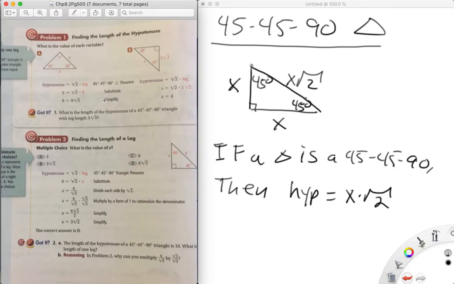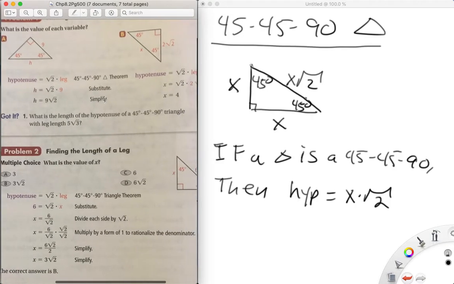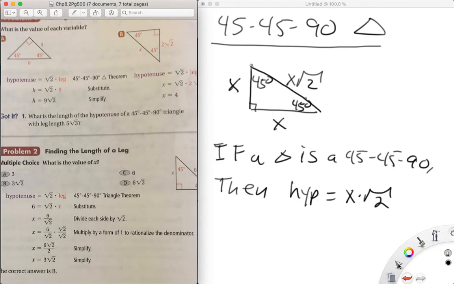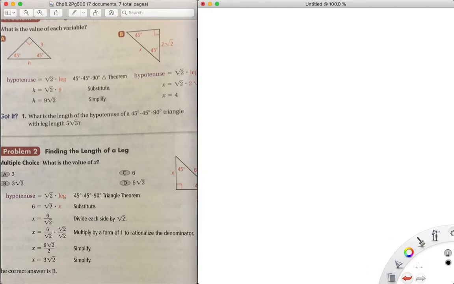So here, for number 1, they want to know what is the length of the hypotenuse of a 45, 45, 90. They said the leg is 5 square root 3.